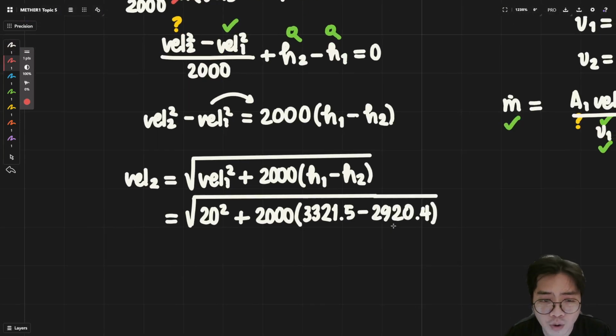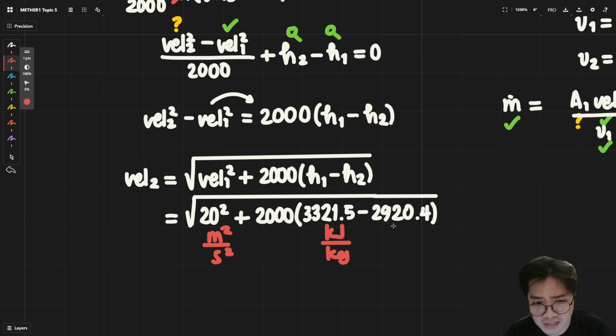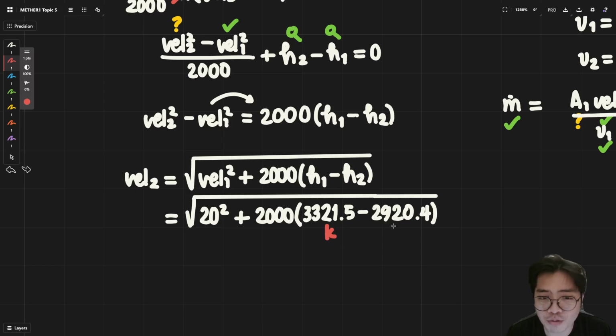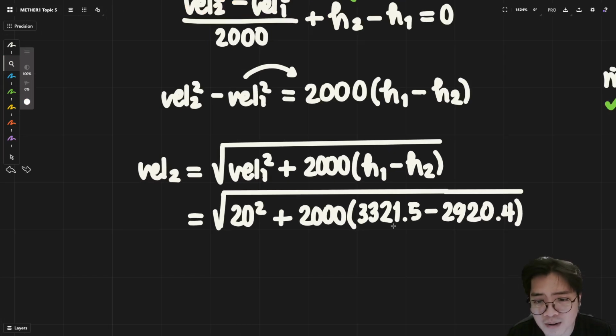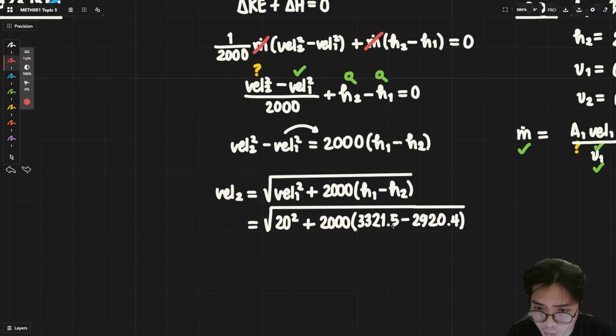So if you're worried, oh no, this is in kilojoules per kilogram, oh no, this is in meters squared per second squared, are they the same? It doesn't matter. Really, it does not matter, because we already took care of the units from earlier. If you want, you can go through all of the units and you will find that because of the extra 1000 in here, everything is accounted for.